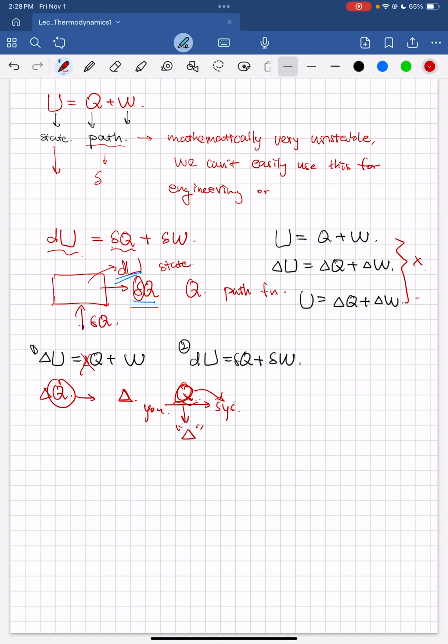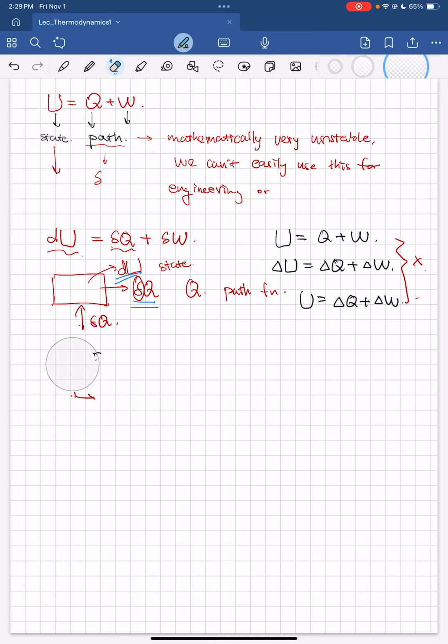Same logic for work. So this is not an infinitesimal change. It's a big change, so it's delta U. Here it's an infinitesimal change, infinitesimal case. And we use this delta here for path function again. Okay, all right.